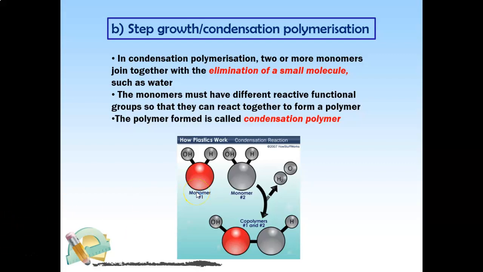As we can see in the diagram below, monomer 1 consists of a hydroxyl group and a hydrogen bond, which will react with monomer 2 consisting of the same functional group, and then it will tend to produce a copolymer consisting of OH and hydrogen bond. So H2O is the byproduct or the residue that will be eliminated at the end of the reaction.